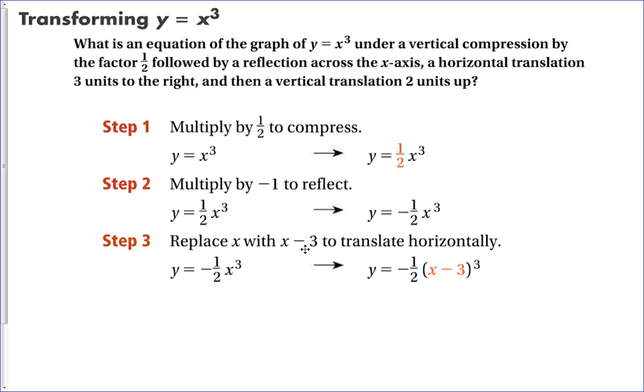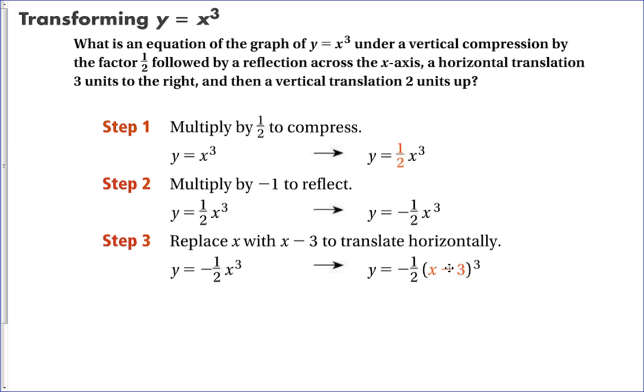So we're going to subtract 3 from x, or you can replace x with x minus 3 to translate it horizontally. Okay? Because remember, x minus 3 goes to the right, x plus 3 goes to the left. And again, the minus 3 has to be inside the parentheses with the x to translate it horizontally.